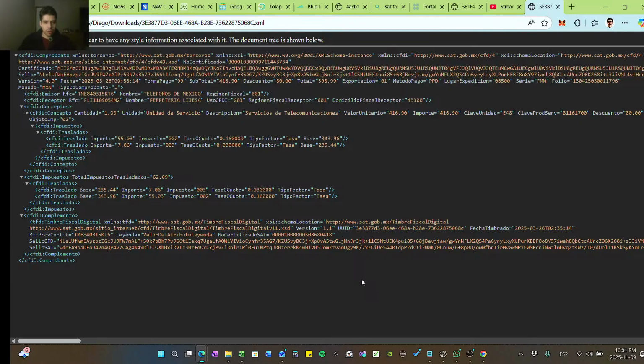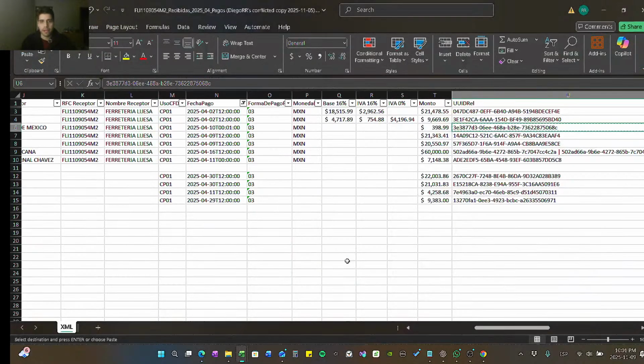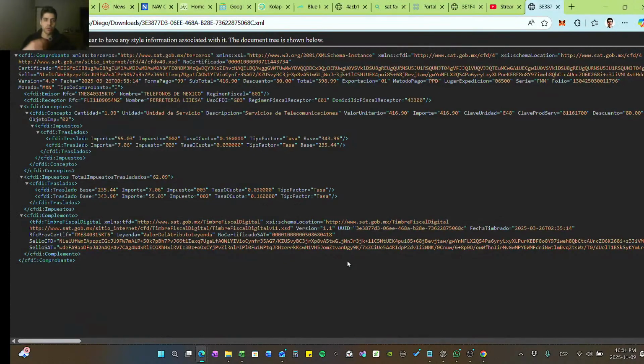And what I want to do right now is to see if this product has 0% and 16%. And the way in which I will understand that is by analyzing these two.